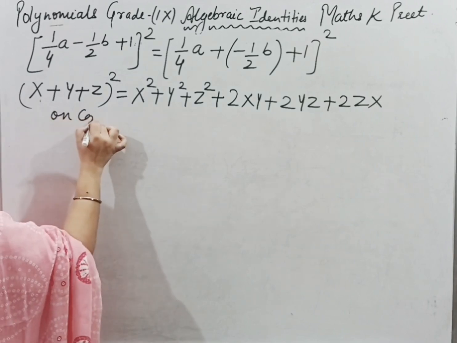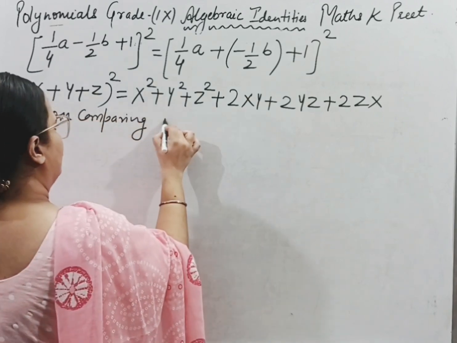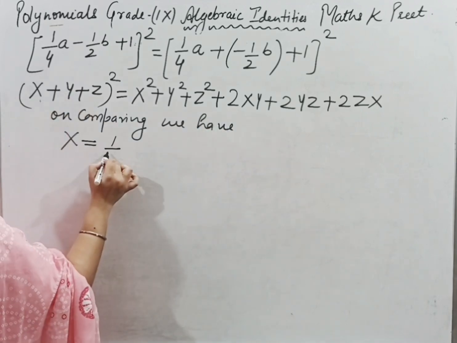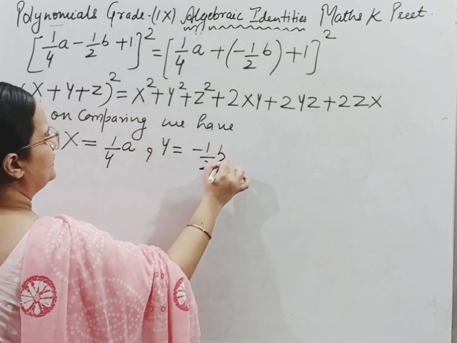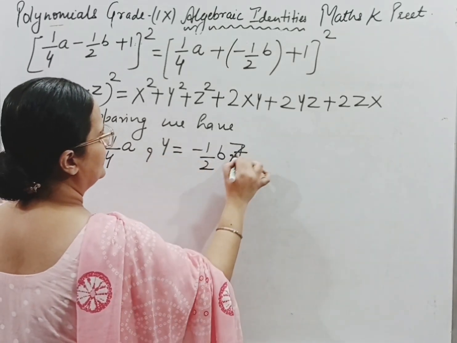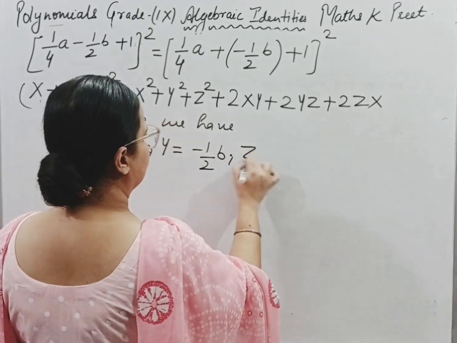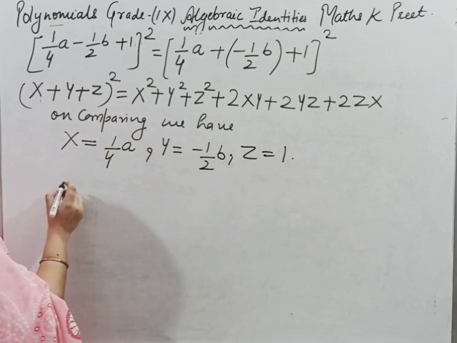Now on comparing these two, I have capital X equal to 1 by 4a, capital Y equal to minus 1 by 2b, and capital Z equal to 1. So I will just put the values in the expansion to get my answer.